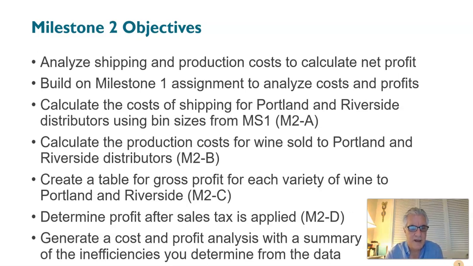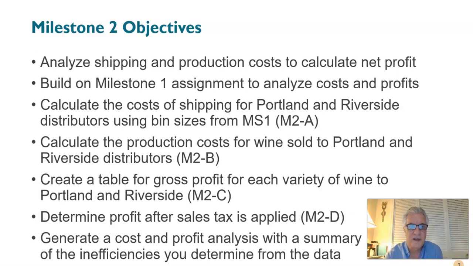At the very end, and most importantly, you will generate a cost and profit analysis with a summary of the inefficiencies you determine from the data. In other words, you'll need to look at the gross revenue and then look at the production and shipping costs, and that's based on the bin sizes.